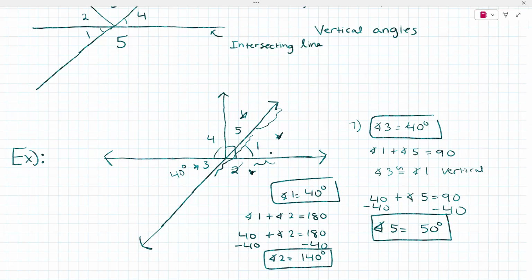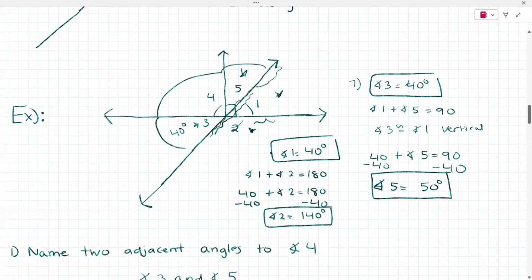So I see a straight line here, right? This is a straight line. So if you add up this angle and this angle, that forms a straight line. So you could say that angle 3 plus angle 4 plus angle 5 is going to add up to 180 degrees. We know that angle 3 is 40. I don't know what angle 4 is, right?